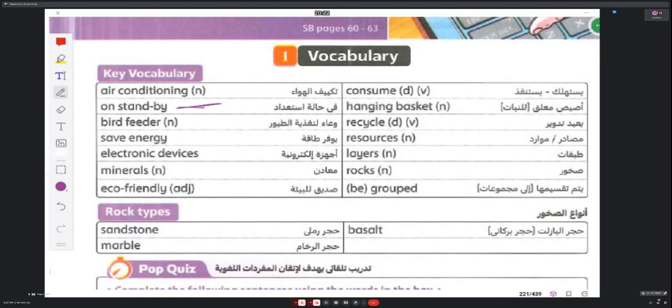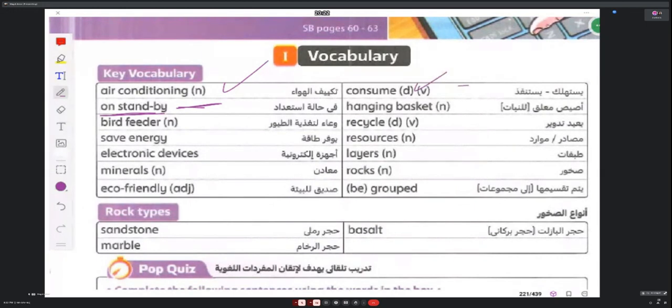On standby means it is connected to electricity, but maybe not switched on yet, or sometimes switched on, but we keep it in a sleep status. Air conditioning doesn't need any explanation.